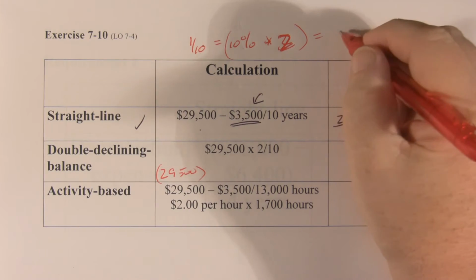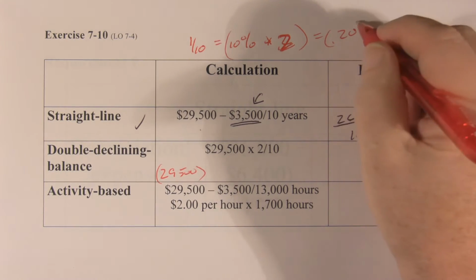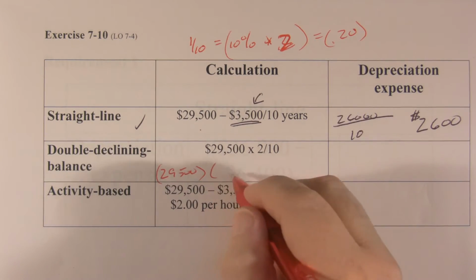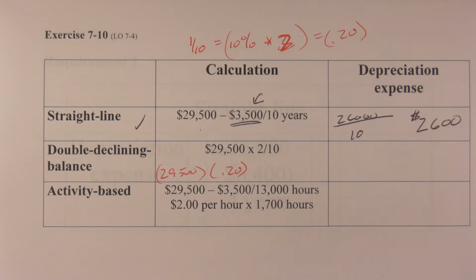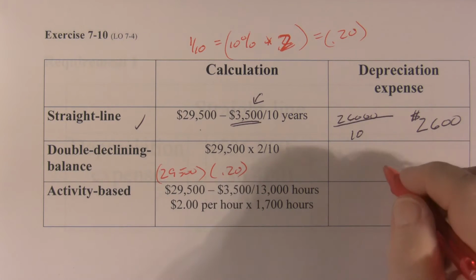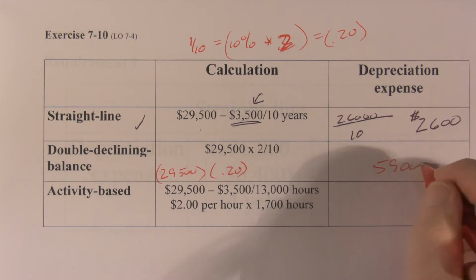And altogether, that's going to give us 0.20 or 20%. So we multiply that times 2, 0.2, 20%, that's our 2/10, and that gives us 5,900.